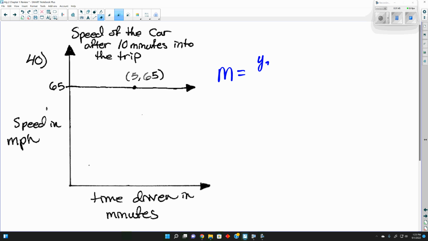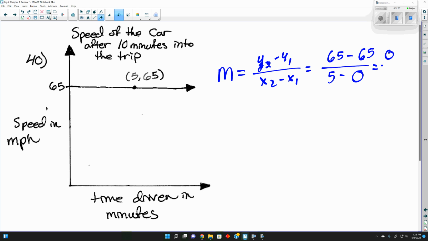Now we could see it with our y2 minus y1 over x2 minus x1. Because our one point that we have is 65 and 5. Now the other y value we have is 65, what's its x value? 0. So 0 over 5, which is 0.